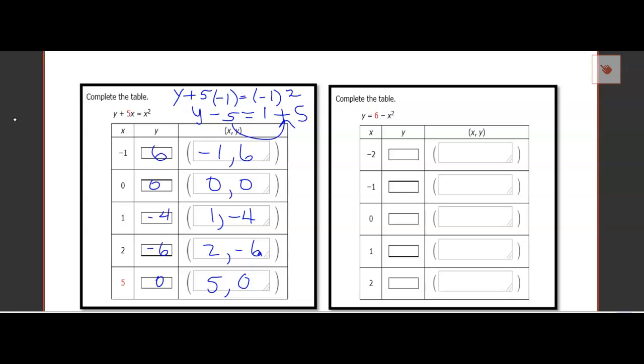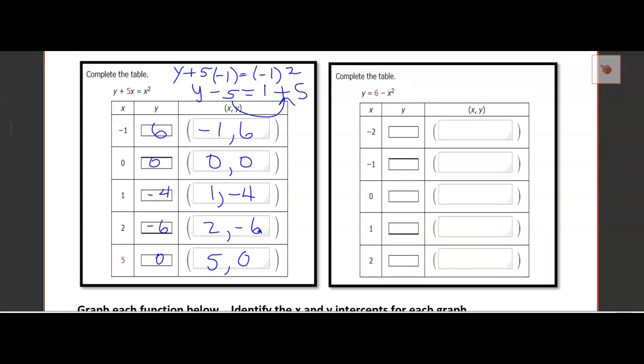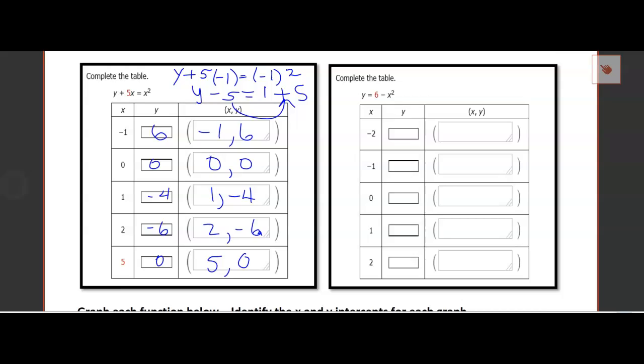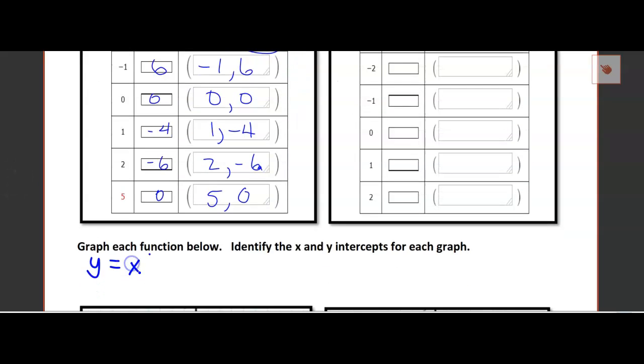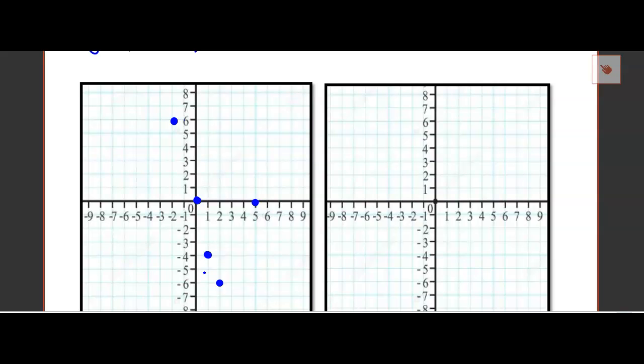But to put these in your calculator, you have to have it in a y equals format. So I would have to subtract the 5x on the other side, and it would be x squared minus 5x. And if I type that in my calculator, what I'll see is a parabola shape. So our graph would look something like this.